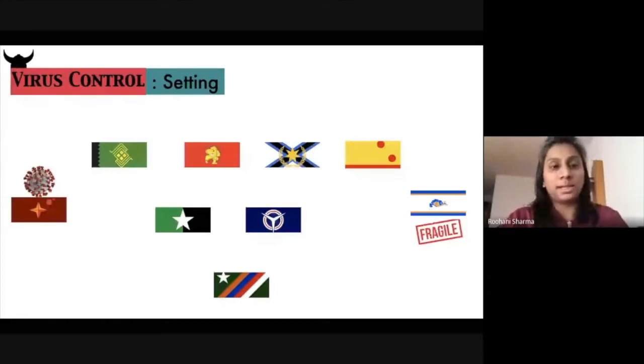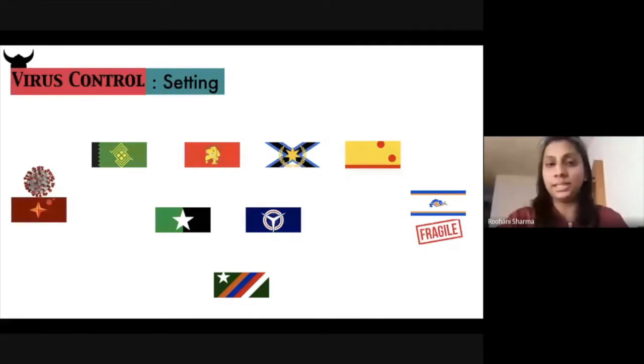So imagine in a not so hypothetical world right now, we have a set of countries marked by these fictional flags. And there is a country which is marked by a virus. So let's say there is this country which is infected by a virus. We call this the spreader country. And then there is a country tagged fragile.